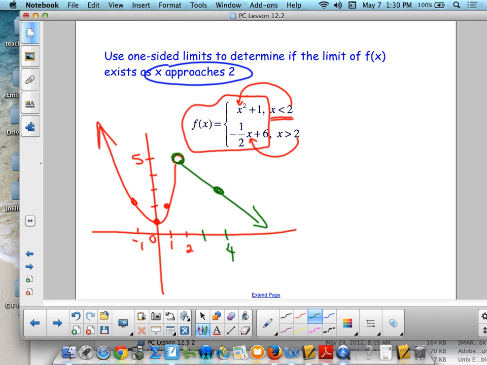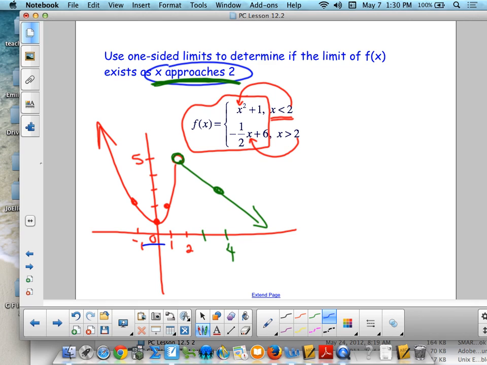Now tell me right now, just by what we talked about, does the limit exist as x approaches 2? What do you think, guys? Yeah? Colton says yeah. Kayla, Will, you guys okay with this? Yes? Is it yes? Colton says yes. Do you agree?